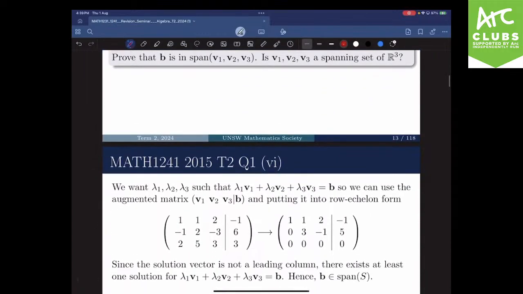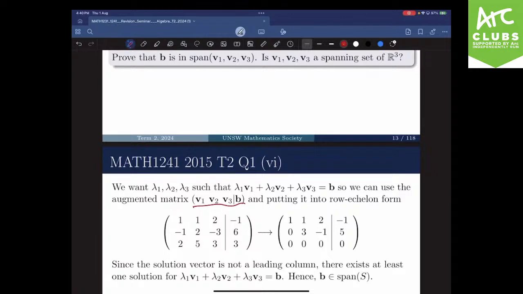Basically the idea is we want lambda 1, lambda 2, lambda 3, such that lambda 1 v1 plus lambda 2 v2 plus lambda 3 v3 is equal to b. So we use this augmented matrix v1, v2, v3 here, and we try and solve it.